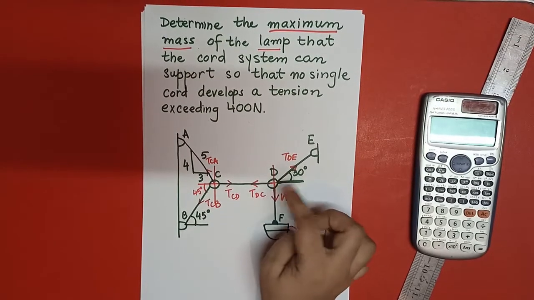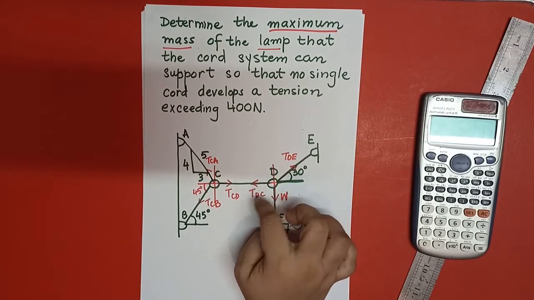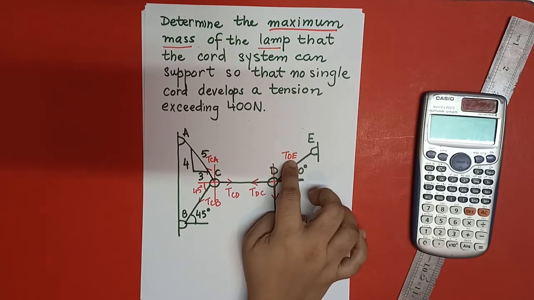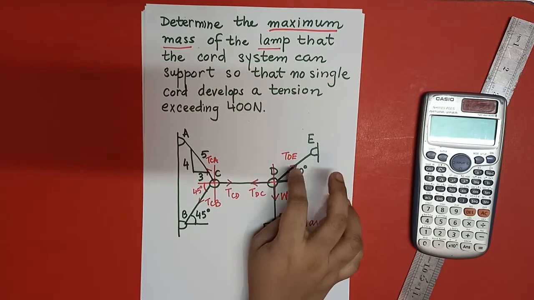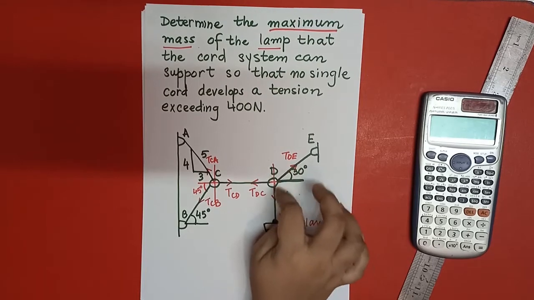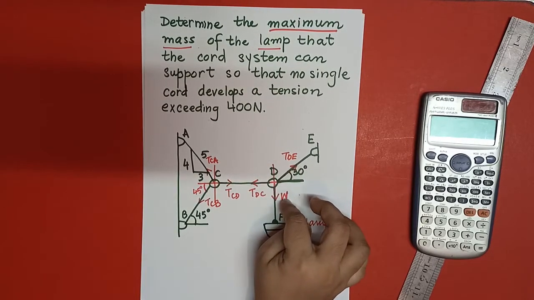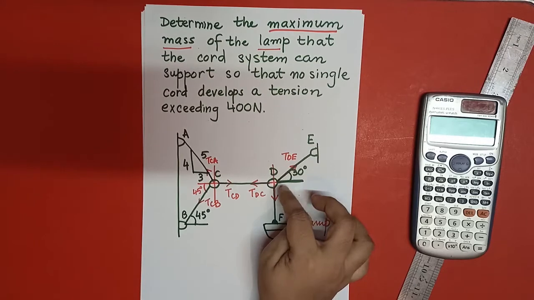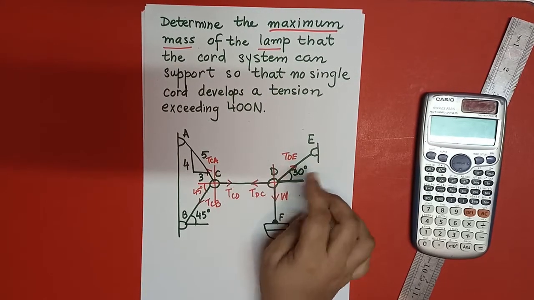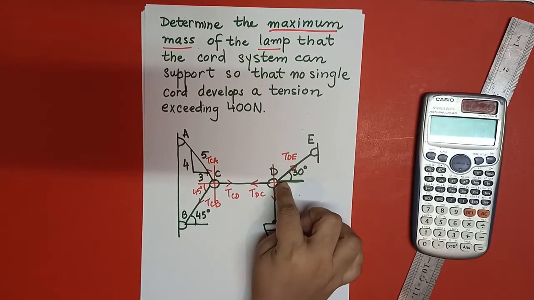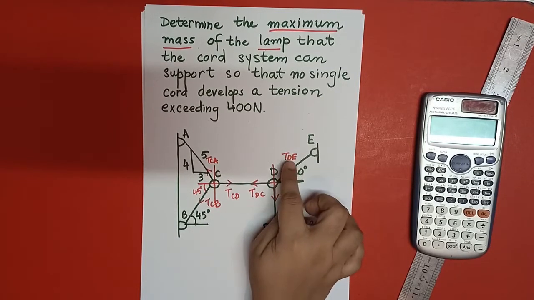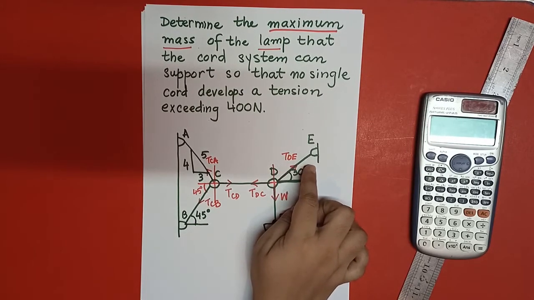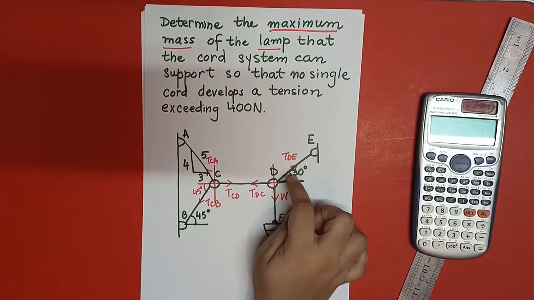At point D, how many tensions are there? There is one tension here, and if we resolve TDE into its components, there will be two components, so three tensions, and if I include the weight also, it becomes four forces here, and five forces at point C. If I assume one force equal to 400 Newton, obviously I will take TDE, because if TDE equals 400 Newton, its components will become known.